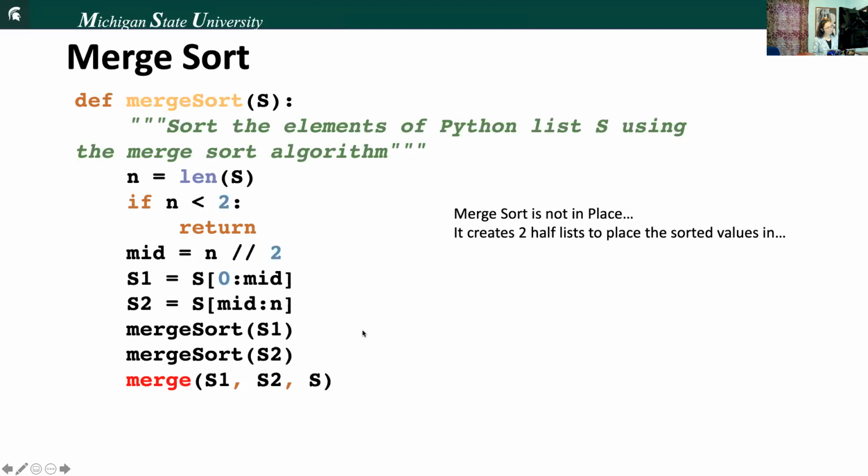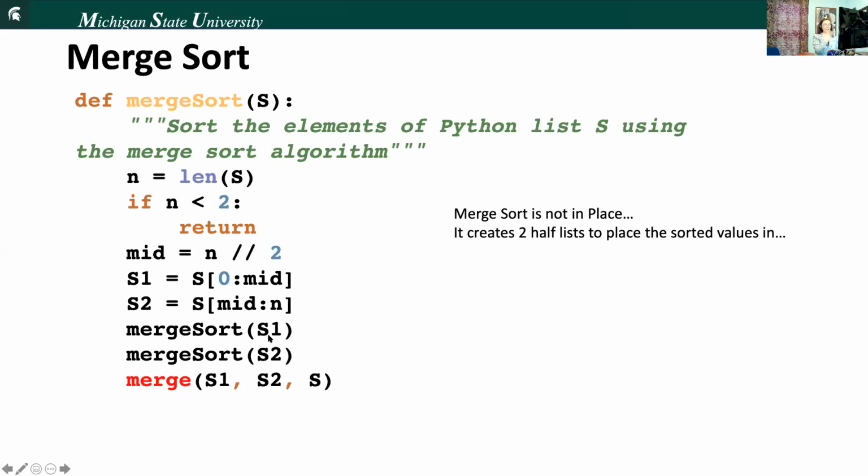So after I divide it into two halves, I make two calls to merge sort. I make a call to merge sort with S sub 1, the first half of my array, and I will sort that half. I'm going to keep dividing until I have one element and then combine it back up, and it's all going to come up in a sorted manner.